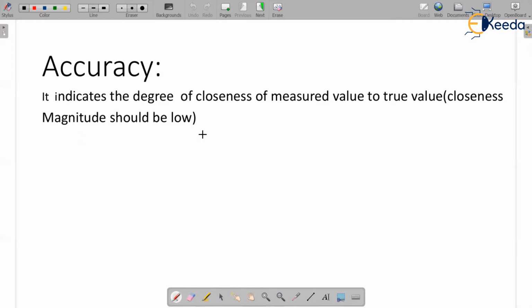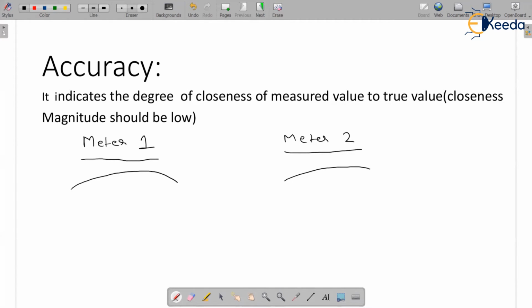Means, for example, I will give you meter 1 and meter 2. This is my meter 1, this is my meter 2.